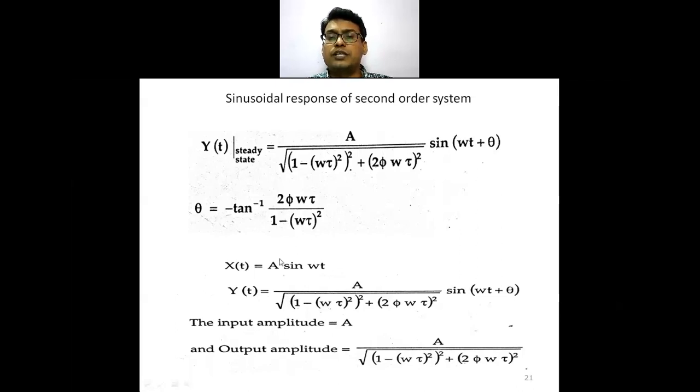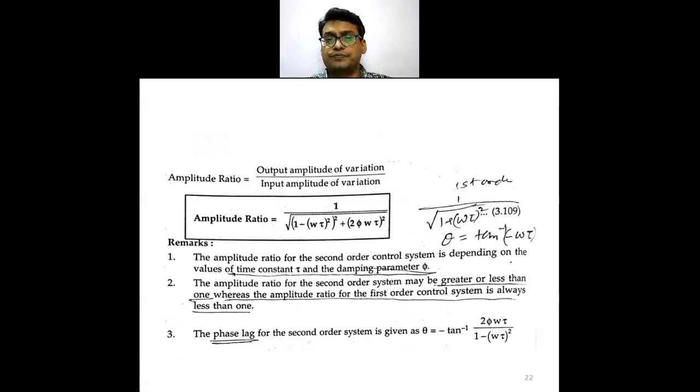So the input amplitude is A and the output amplitude is A upon the square root of [(1 minus omega tau squared) whole squared plus (2 phi omega tau) squared]. This is the response of the second order system.